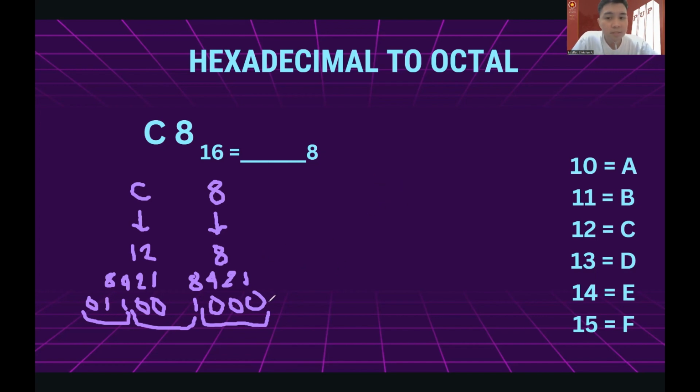So we will just try to put it. So regroup it into 3, since it is hexadecimal to octal, and octal has 3 bit. So 0, 1, 1, 0, 0, 1, 0, 0, 0.